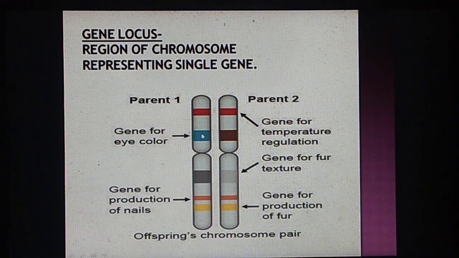For example, though the trait is the same, there are variants. On one allele it is blue eyes, and on the other allele it is brown eyes. So similarly, on each locus, different genes indicating different characteristics are present on the chromosome. So that is what we call a gene locus.